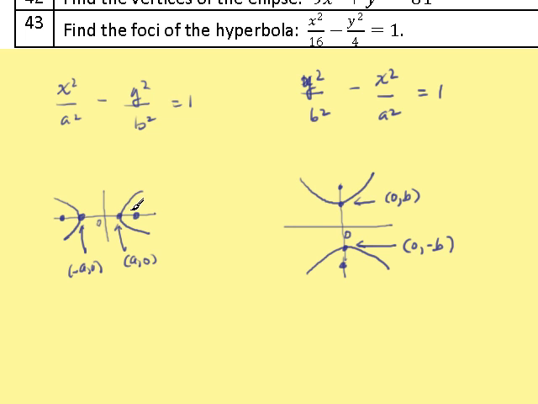And they would be c over from these, which are called the two vertices. So this one would be a plus c. And this one is minus a minus c. All right, and this one is 0, b plus c. And this one is 0, minus b minus c. And then we have an equation relating a, b, and c, and it's c squared is equal to a squared plus b squared.